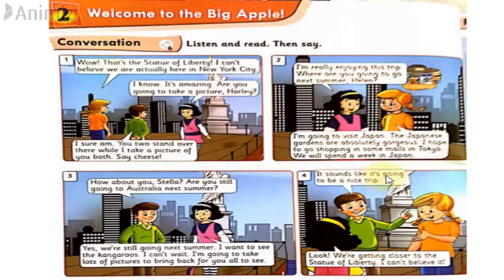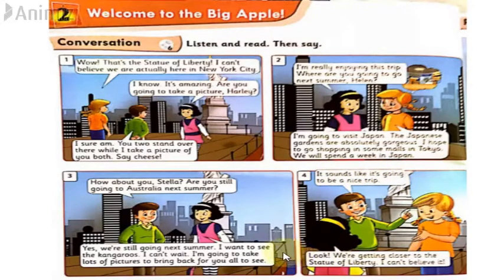It sounds like it's going to be a nice trip. So he says, look, we are getting closer to the Statue of Liberty. I can't believe it! So now this is an expression, so then there's an exclamation point. It sounds like it's going to be a nice trip, full stop. So now it's is short for it is.